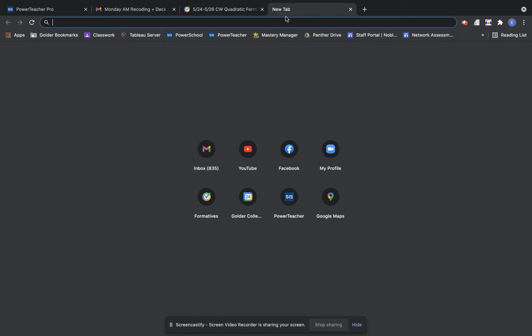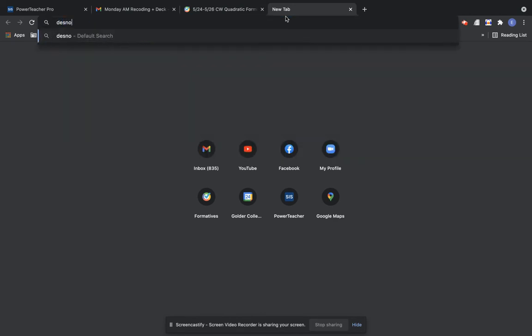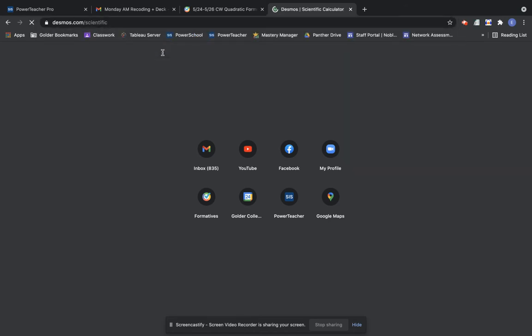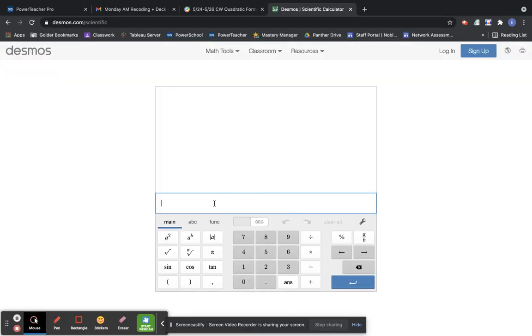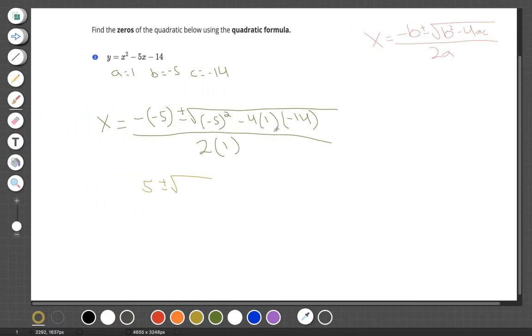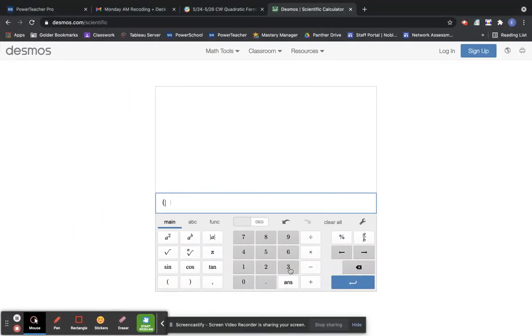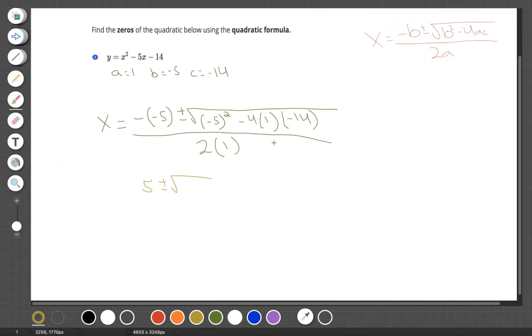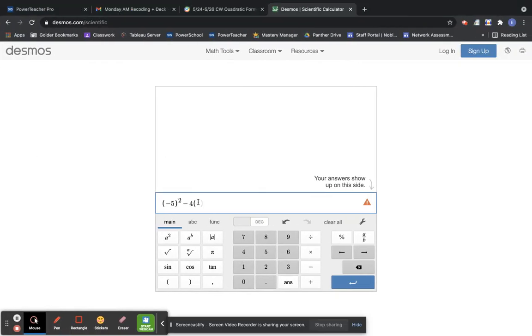If you ever don't have one, you can go to Desmos Scientific Calculator. It's this one that we use all the time. I'm going to make sure it looks exactly like this. So it's parentheses, negative 5, parentheses squared, minus 4 times 1 times negative 14.